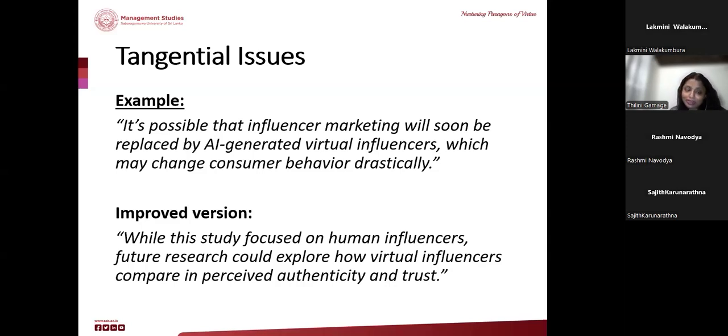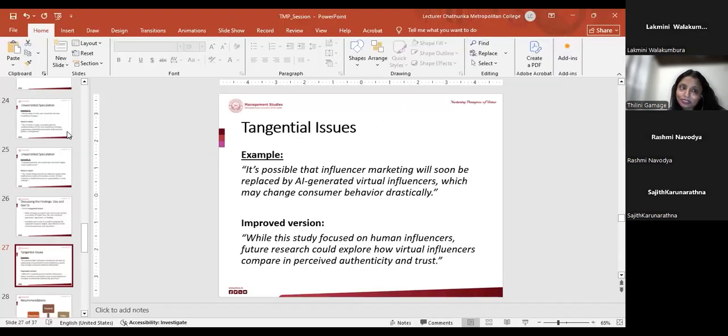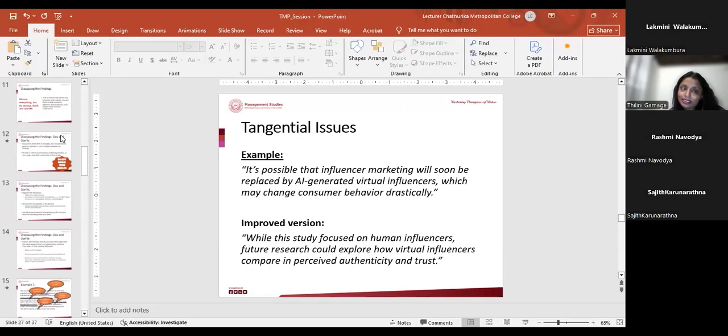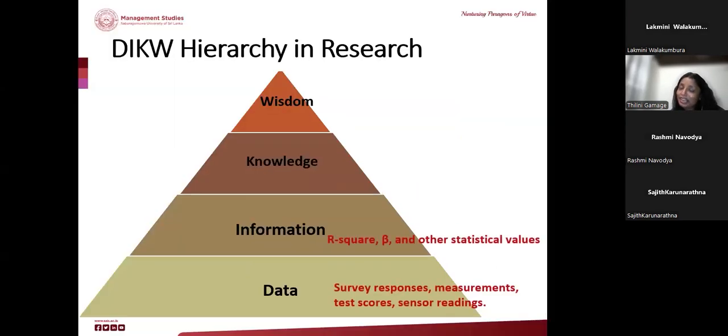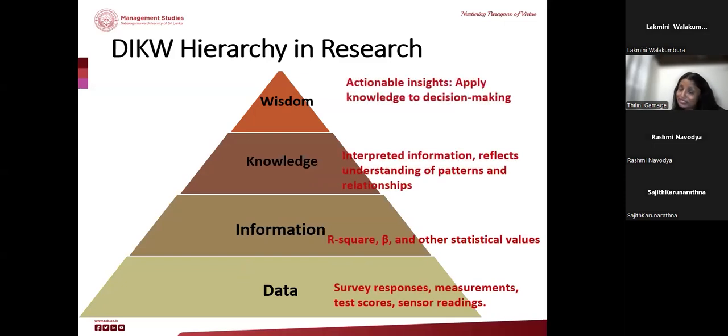If you can remember, at the beginning I was talking to you about this DIKW hierarchy in research. Let me go back to this pyramid once again. See, the data is what you have collected. So whenever we do research, if you need empirical data, there might also be research related to review papers, but whenever you need to collect empirical data, you have to collect it.